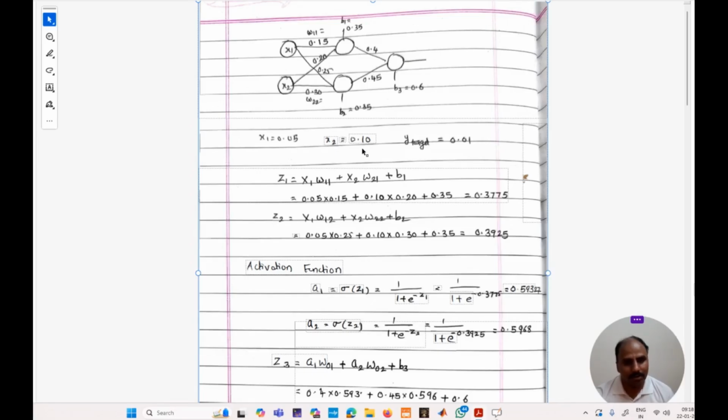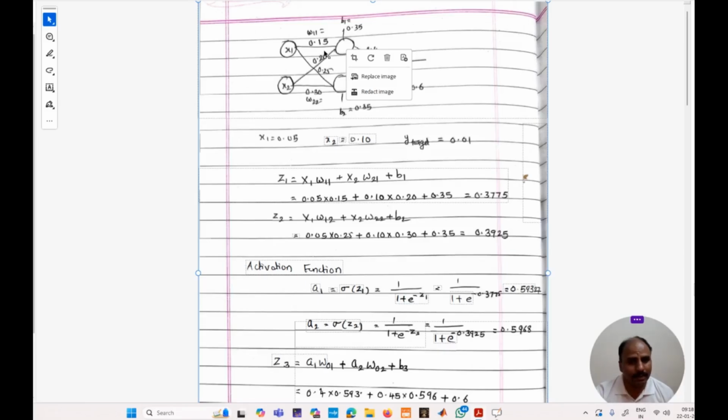For the hidden layer consisting of two neurons, z1 is the summation coming from x1 and x2: x1 w11 plus x2 w21 plus b1.